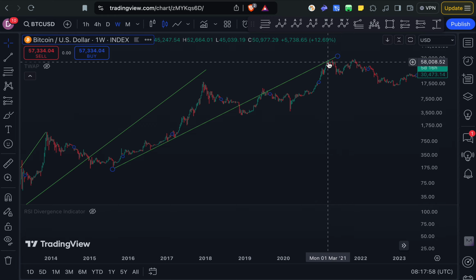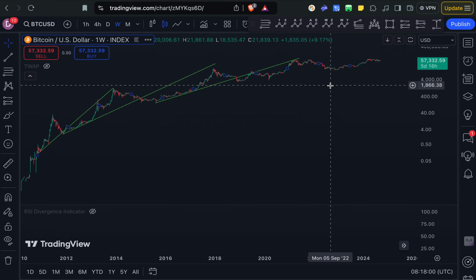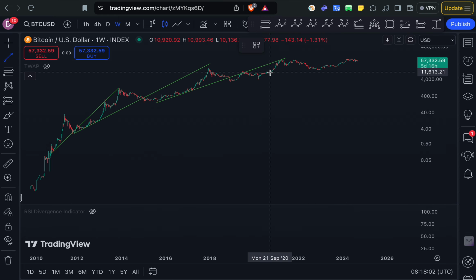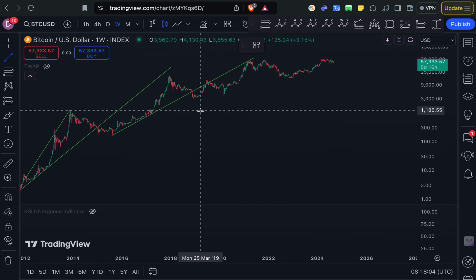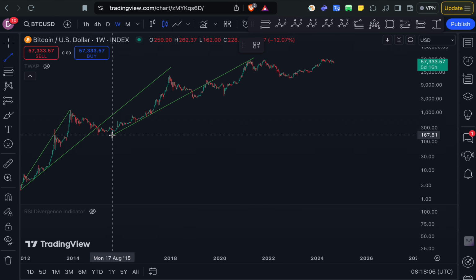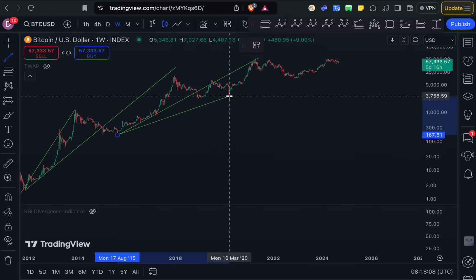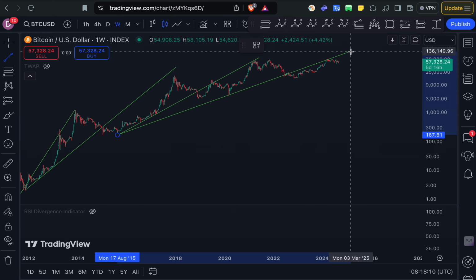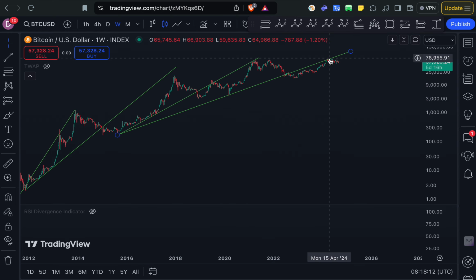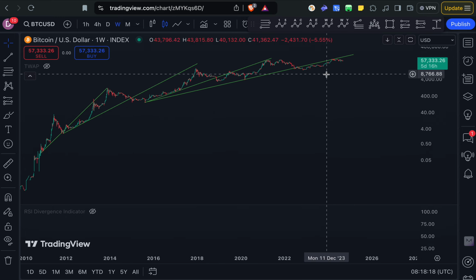This is absolutely crazy, but it doesn't end there. You can find it repeated again. When I take this low and just continue this, we were able to predict this top here again. This is just very, very beautiful.